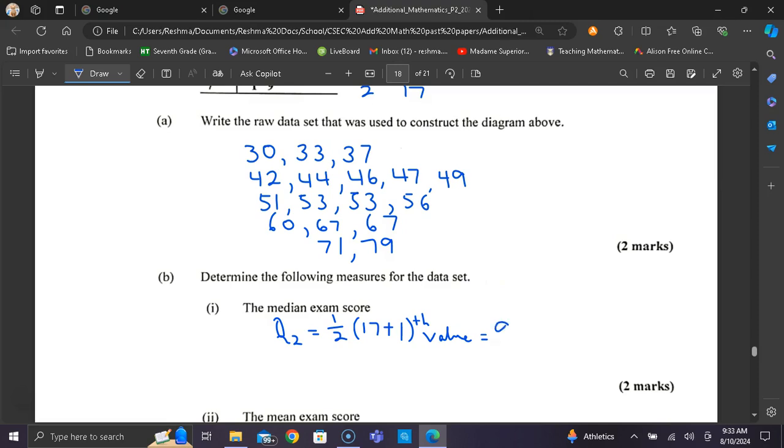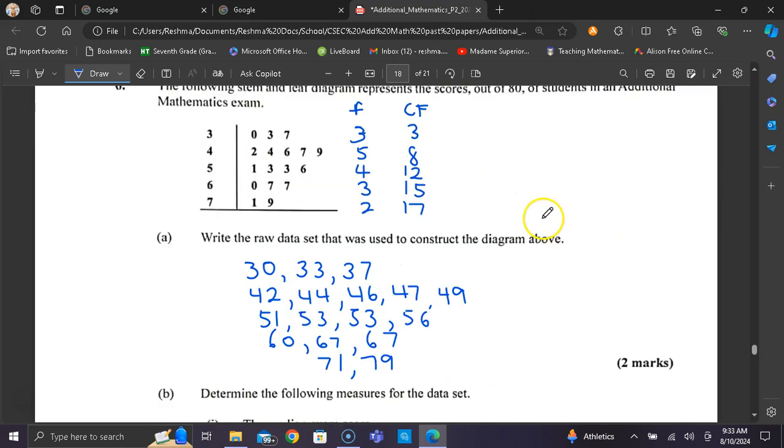Half of 18 is 9. So we're looking for the 9th value. According to our cumulative frequency column, the 3rd value would be 37. The 8th value would be 49. So we are looking for the 9th value, which would therefore be 51.